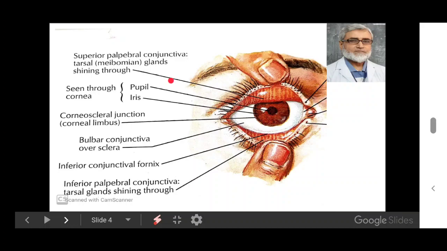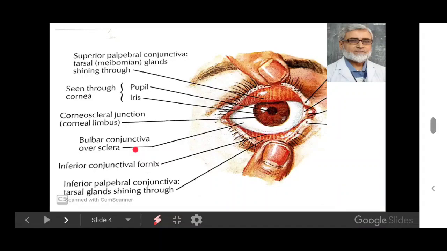You can see here meibomian glands shining here, and corneoscleral junction. Black spot is pupil, and this dark brown circle is iris.